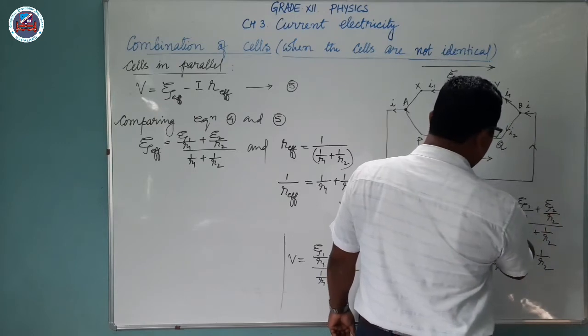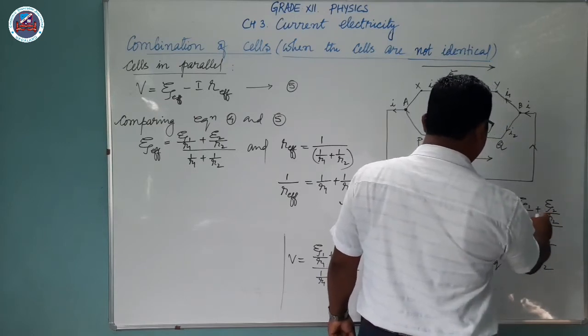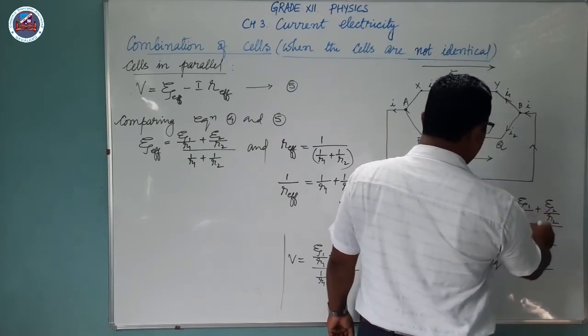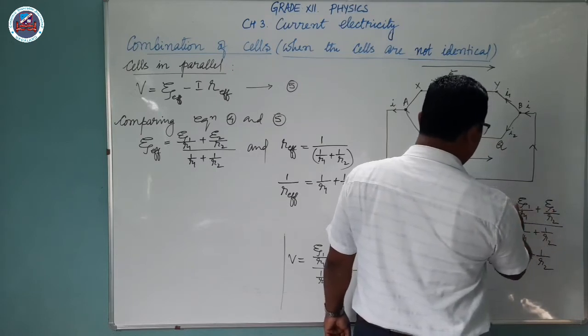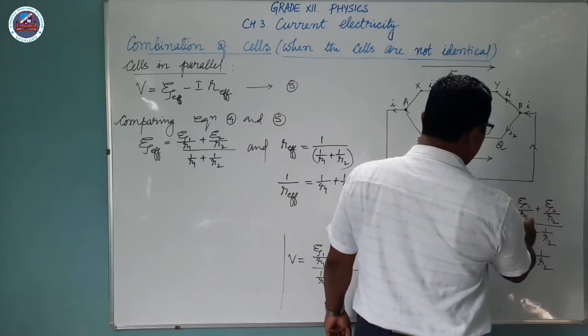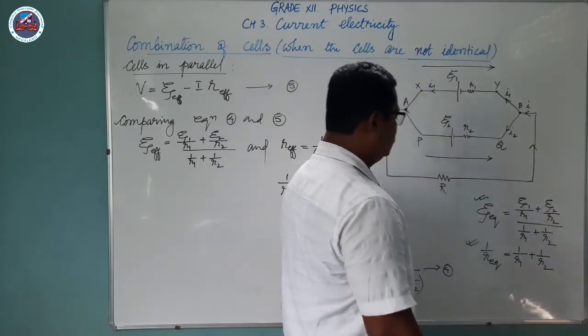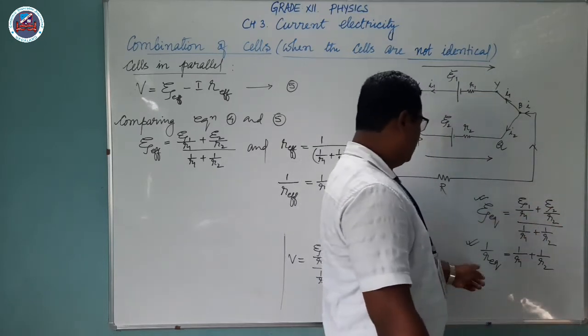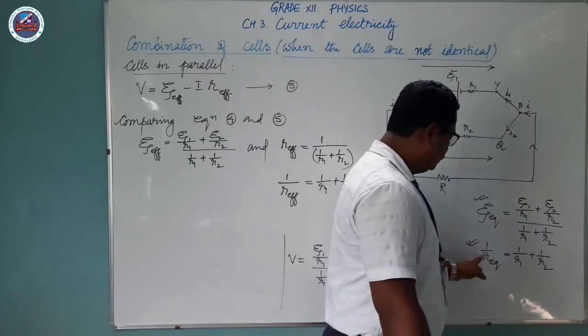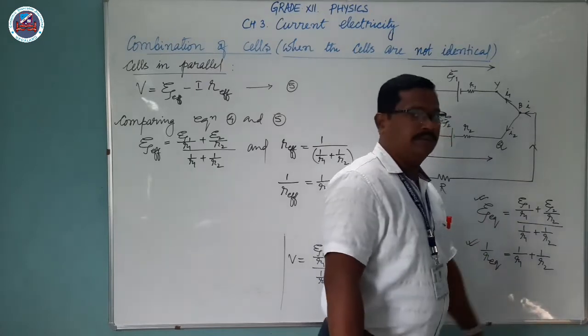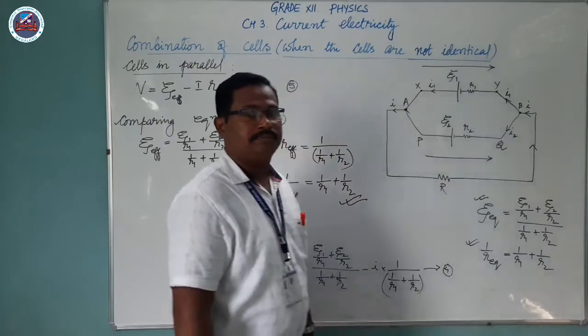If E1 is bigger, then here it will be plus, smaller one will be minus. And if E2 is bigger, then here it will be epsilon 2 by R2 minus epsilon 1 by R1. This will change. Whereas this effective or equivalent resistance will remain the same.